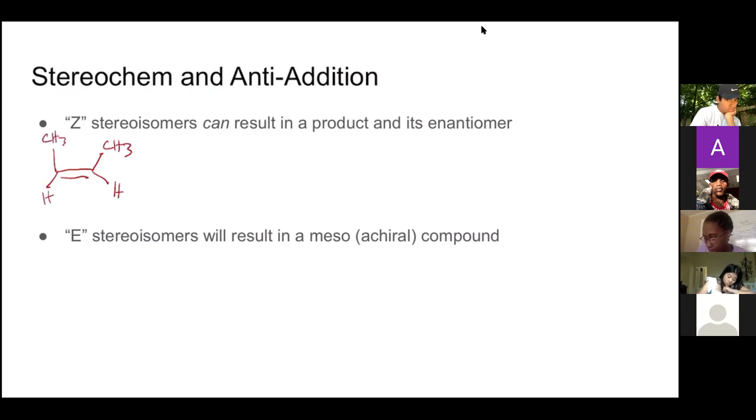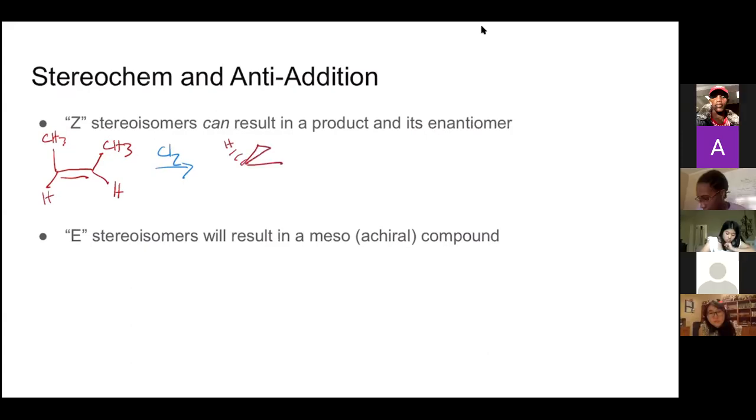I've got both my highest priority groups on the Zusammen side. That's how I'd like to remember it. And so it is a Z alkene. If I had that reacting with, let's say, Cl2, I would end up with the following product. I would end up with this molecule right here.